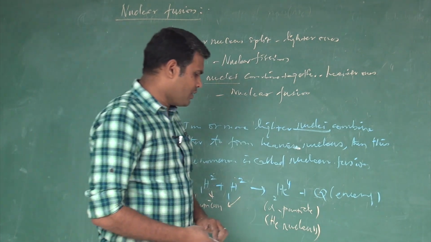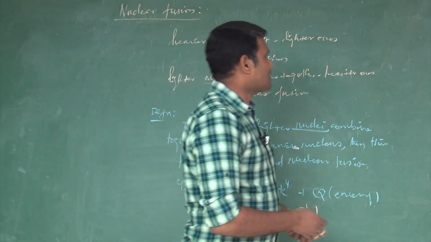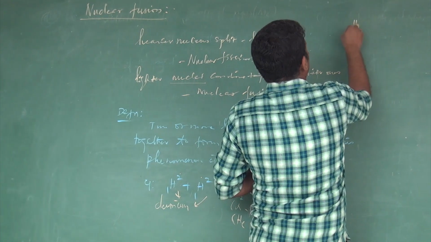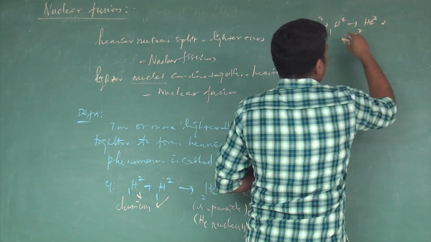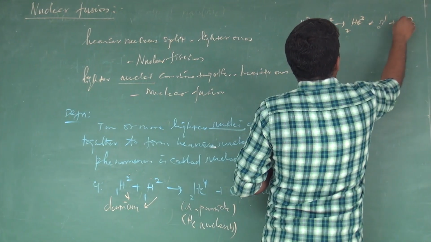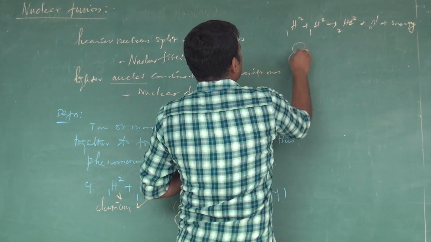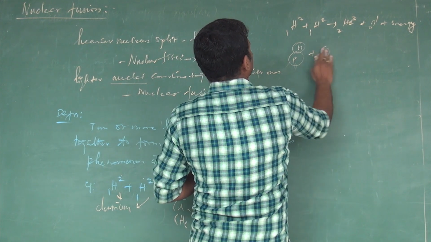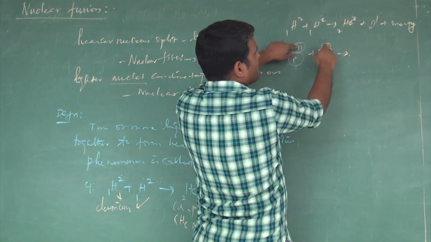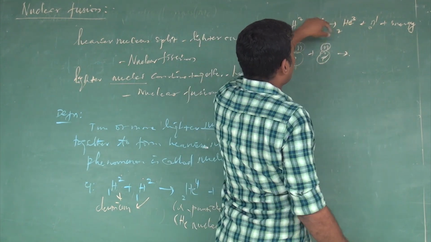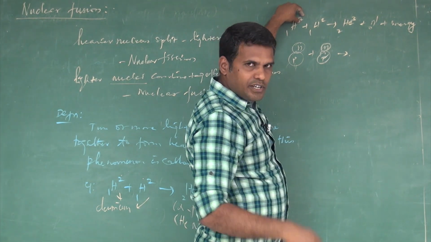In nuclear fusion reactions carried out in the sun and stars, the reaction goes like this: H-2 plus H-2 gives He-3, an isotope of helium, plus a neutron, plus energy. This can be shown like this: a proton and a neutron plus a proton and a neutron together. There are two protons and two neutrons. Here is the atomic number, and this one is the mass number, or otherwise the nucleon number.